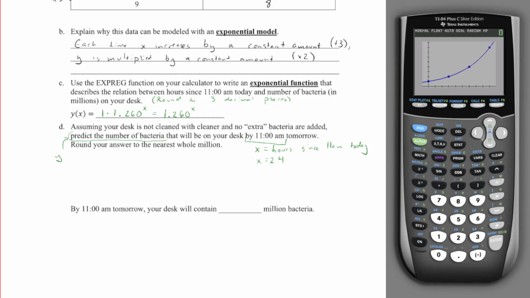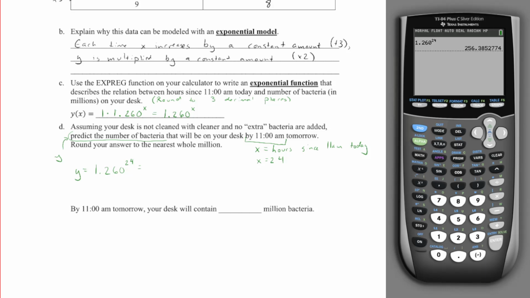Okay, so let's plug in. We'll round to the nearest whole million. Y equals 1.260 to the power 24.